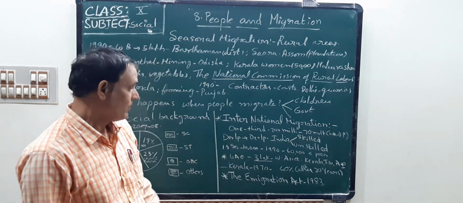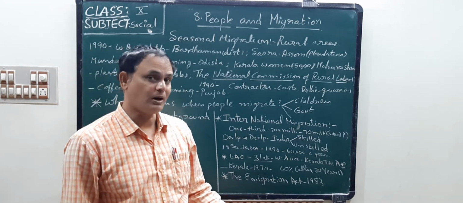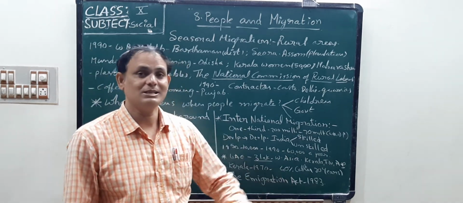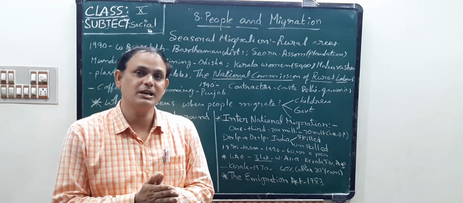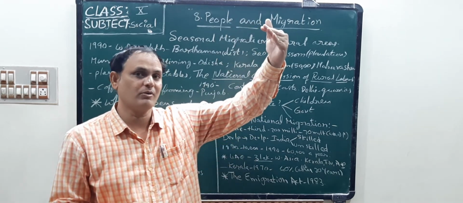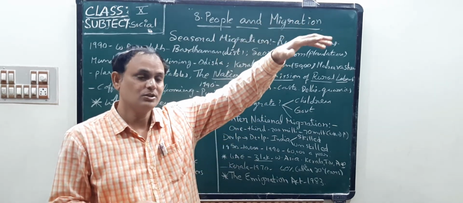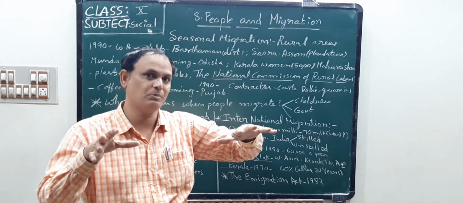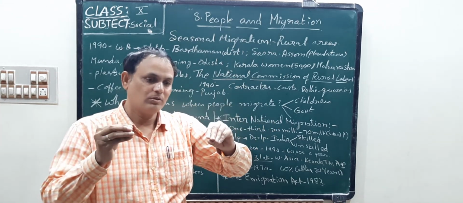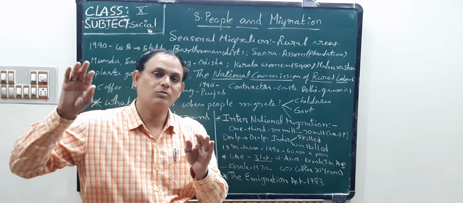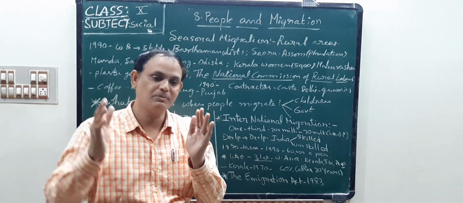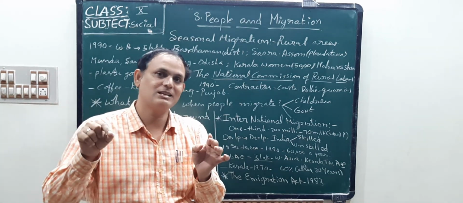Next one, an act already passed in 1983. What is the importance of the act here? For those going from our country to other countries, they set up foreign embassies. If a person wants to go to America, an embassy is there, and they will register their name.